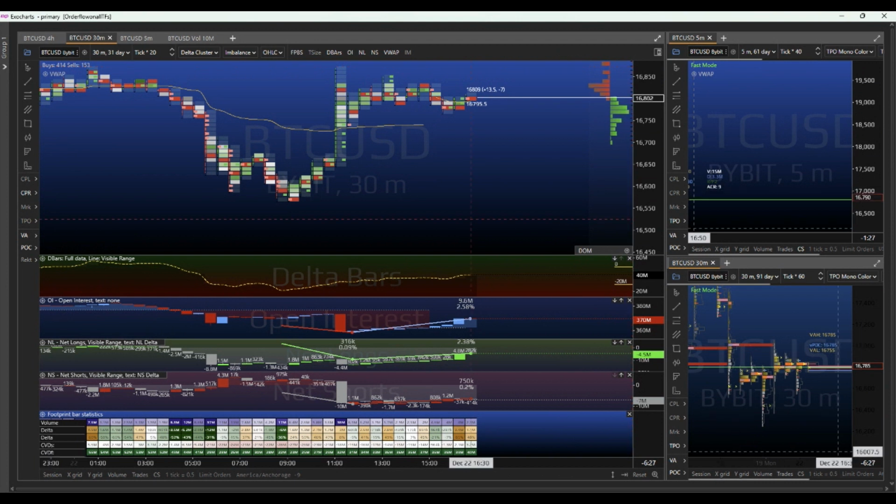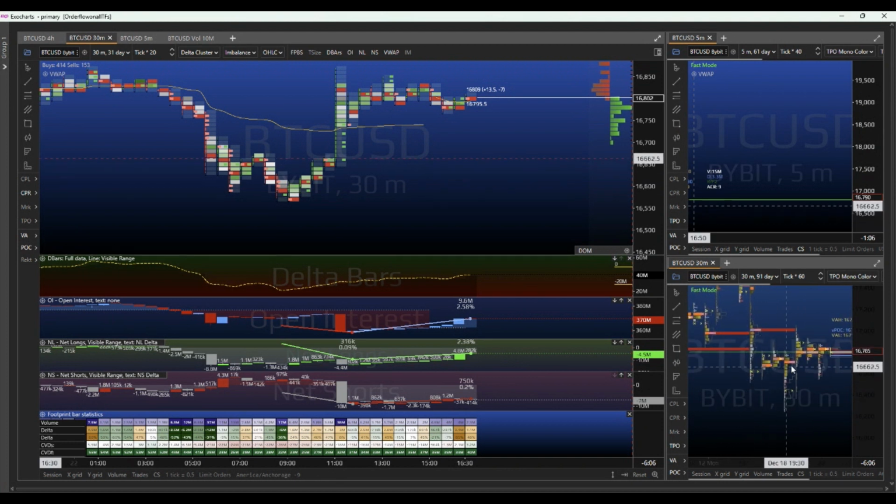Price closed down here somewhere, and it left the point of control for that day up here. So what an NPOC is, it's a resistance. When price comes to revisit it, it acts as a resistance, and that's something you can use to take a short off of, or if it's below us, you can look to take a long off of.